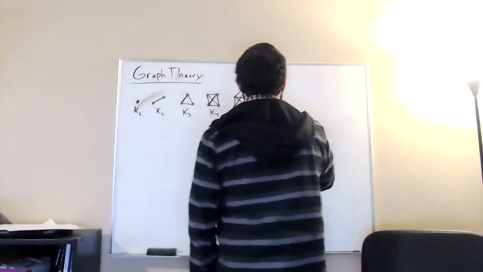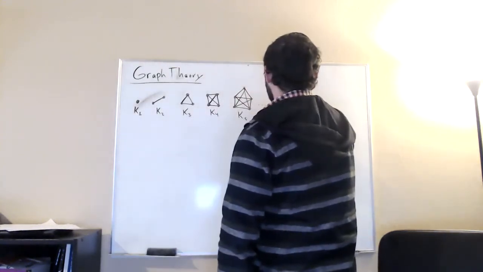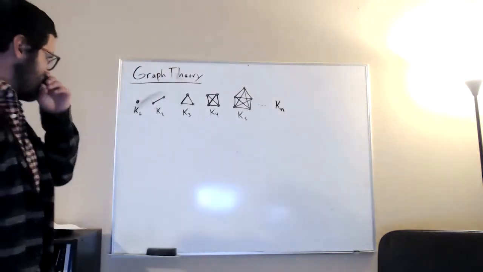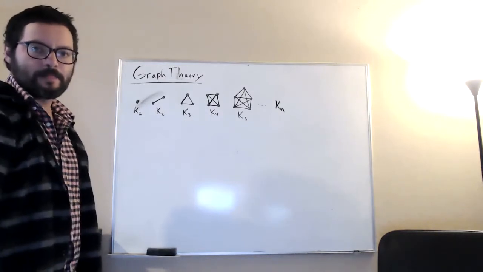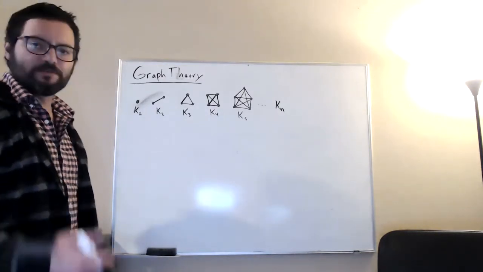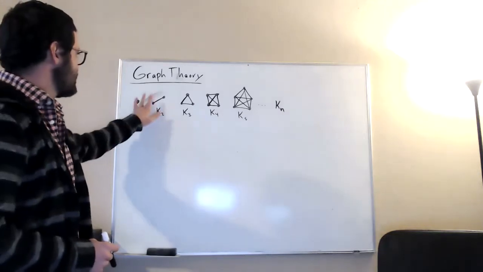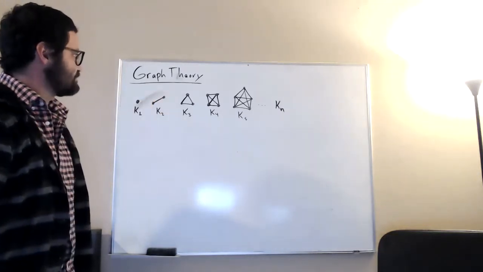So this is one family, and they're denoted by K subscript n. Can someone tell me what the subscript is denoting? The number of vertices, or the order of the graph. And what do all these graphs have in common?